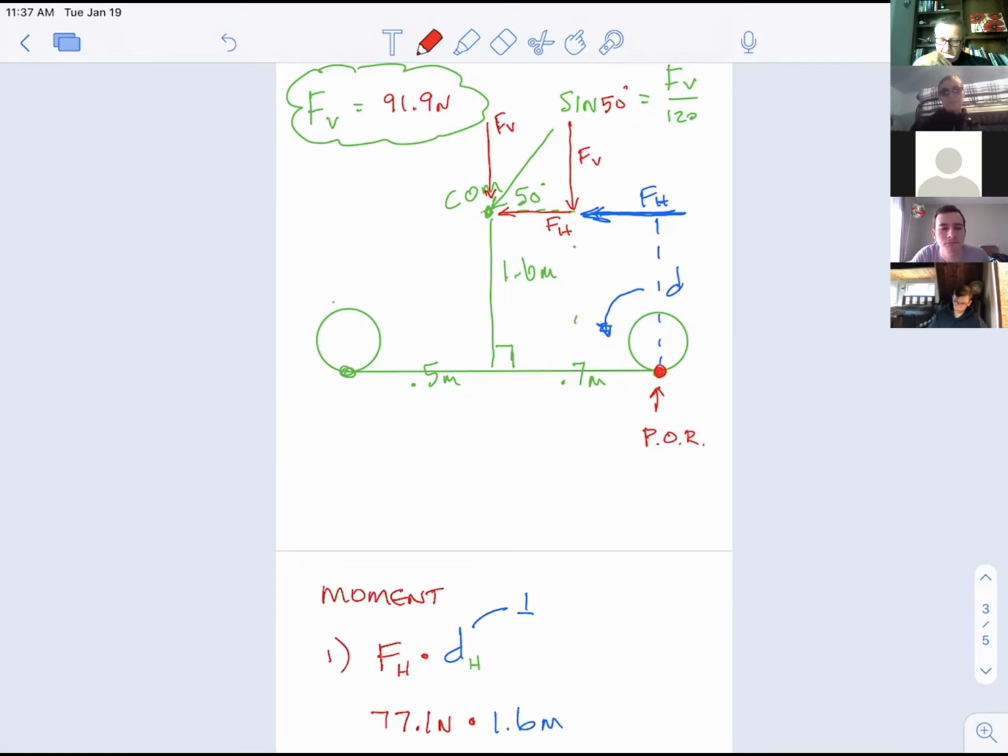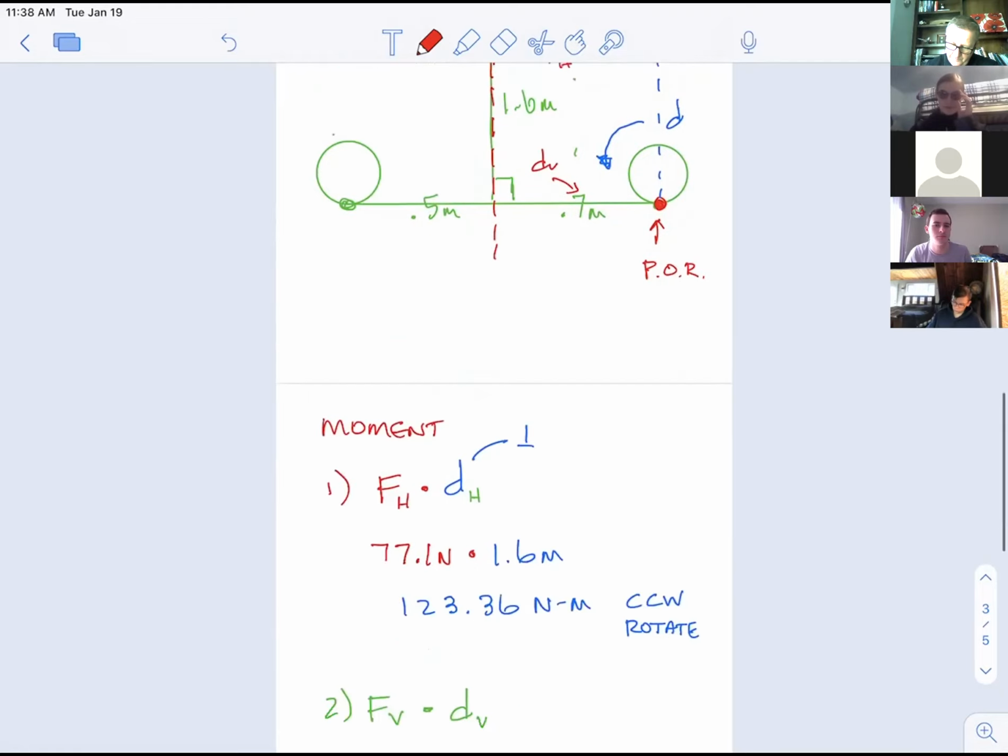How far is that force? Would that one be the 0.7 meters then? That's right, you can move it down along that same line, because it's kind of going in this direction and it's got to be perpendicular. Then that is distance vertical, 0.7.